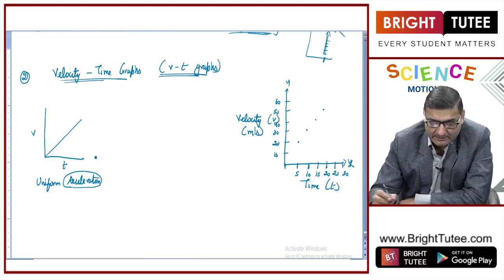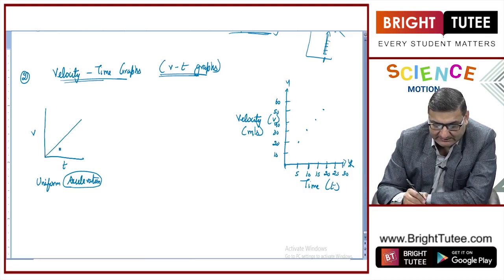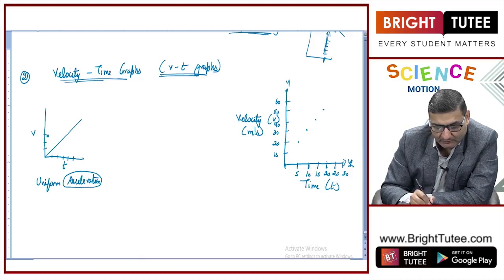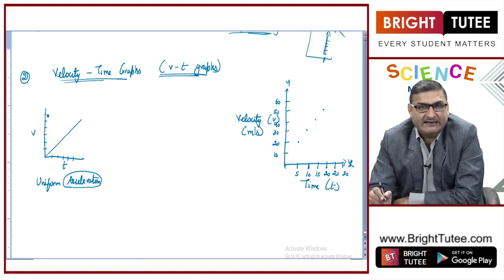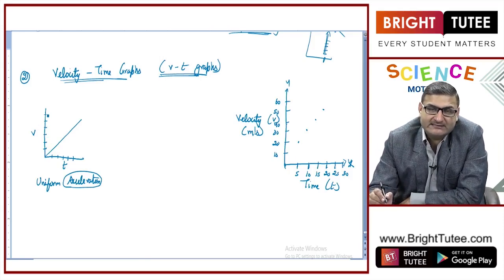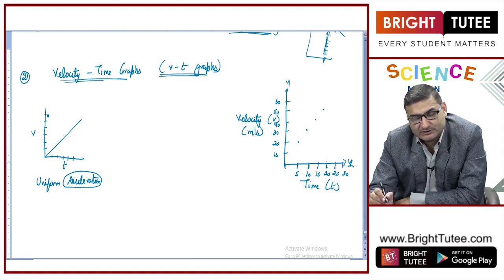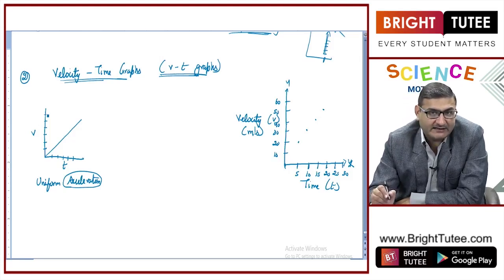Why acceleration? Because the straight line shows that with equal intervals of time, the velocity of this particular object is also increasing consistently, uniformly, and in the same ratio. That is why the straight line of the VT graph shows uniform acceleration.